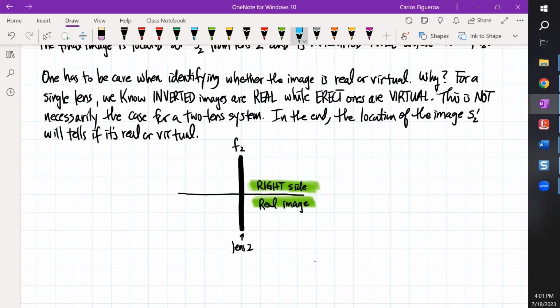But if it lands on the other side, the left side, this is a virtual image.